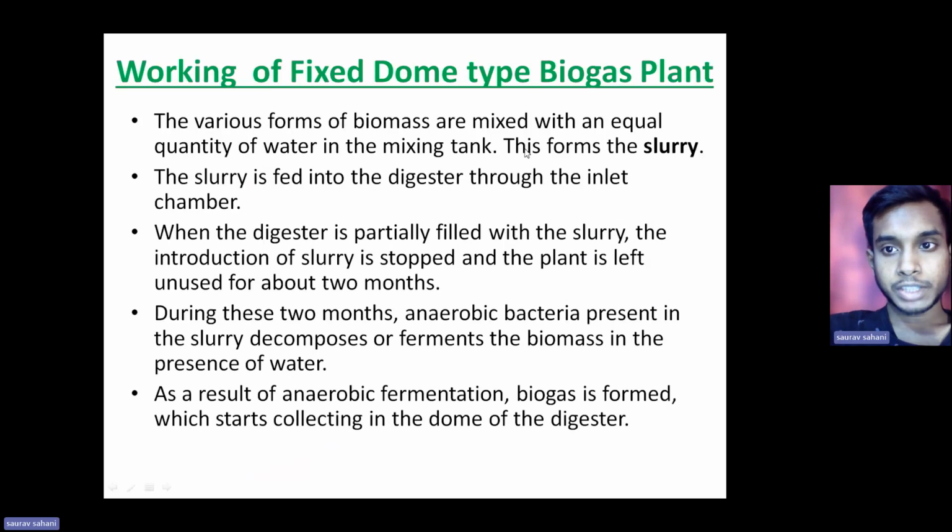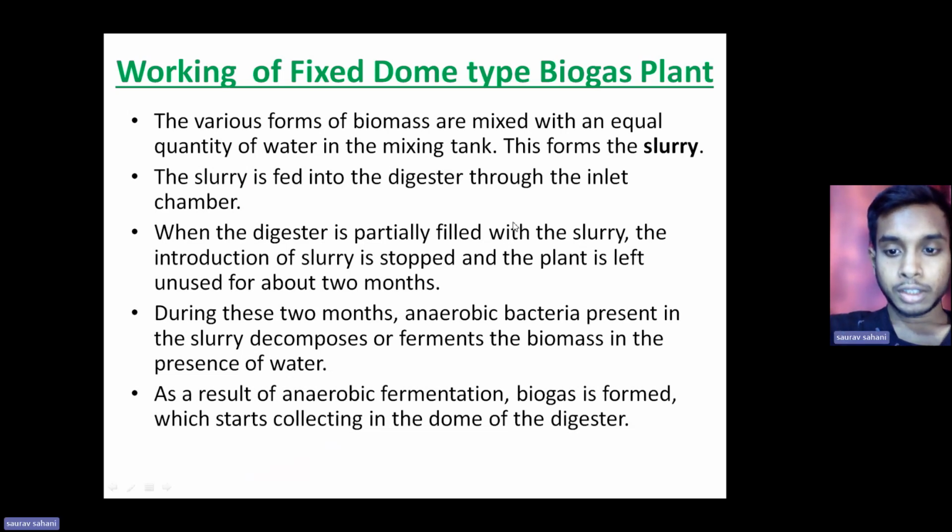Working of fifth type biogas plant. The various forms of biomass are mixed with equal quantity of water in the mixing tank. This forms the slurry. The slurry is fed into the digester through the inlet chamber. When the digester is partially filled with slurry, the introduction of slurry is stopped and the plant is left unused for about 2 months.